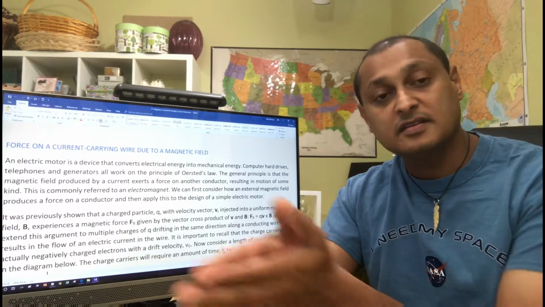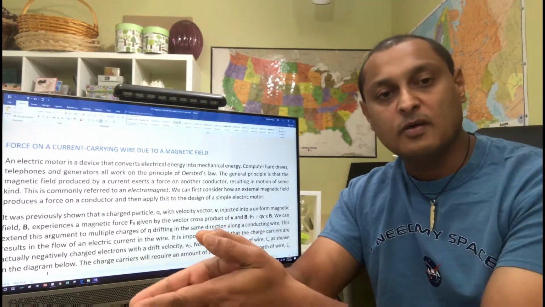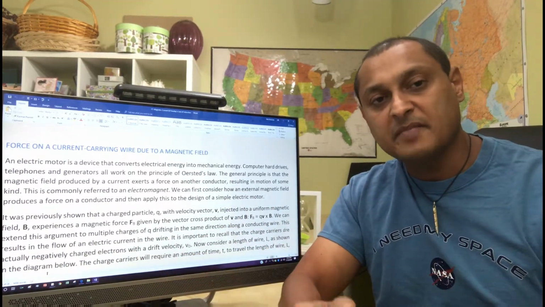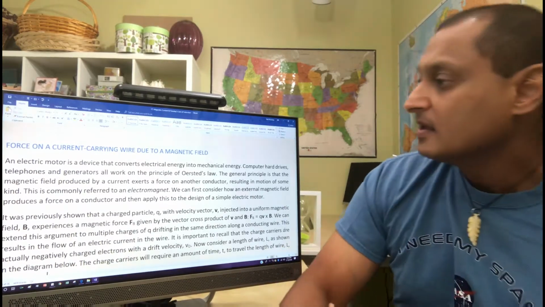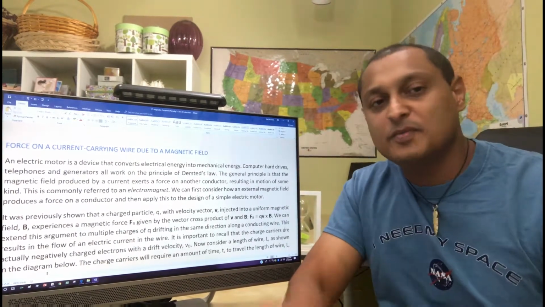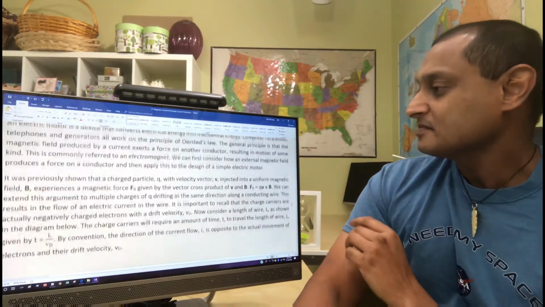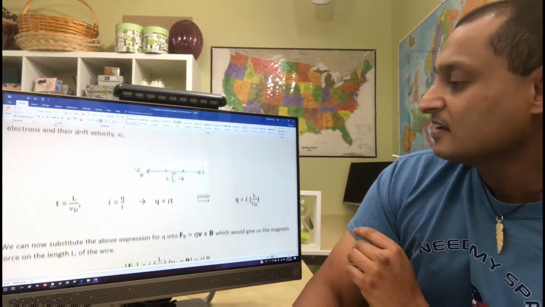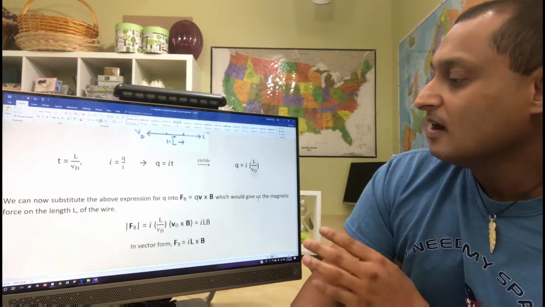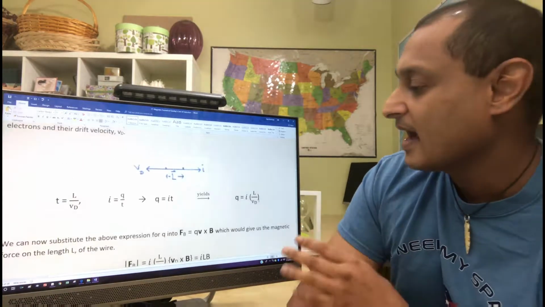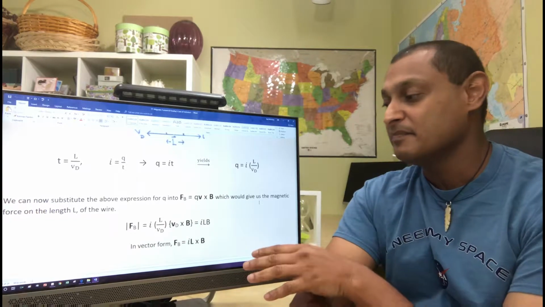So if there's a current in the nearby wire, there's a force on that wire due to some prevailing magnetic field in the vicinity. It sounds like it's really not useful, but I assure you it's very useful. So I've derived the expression for how to calculate the force on a current-carrying wire due to the presence of a magnetic field.